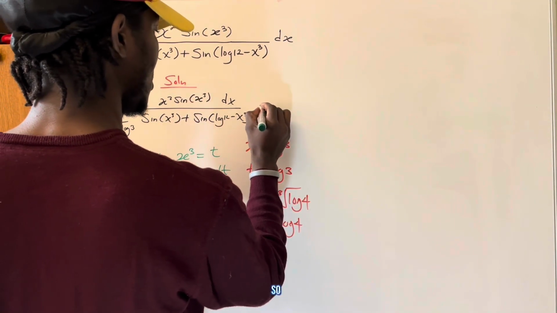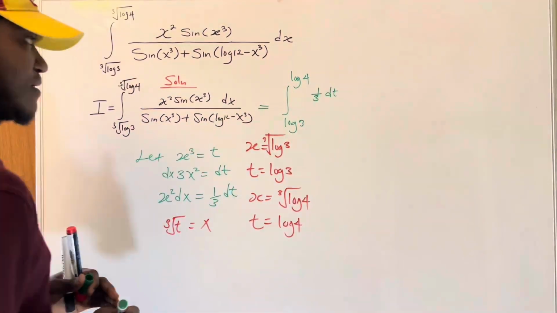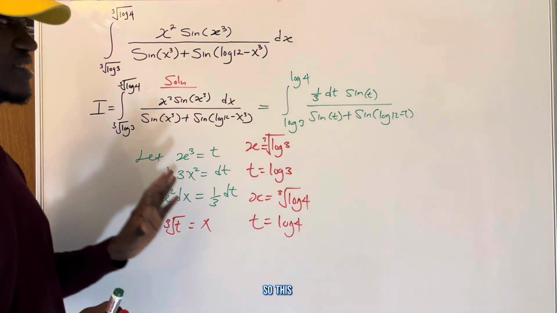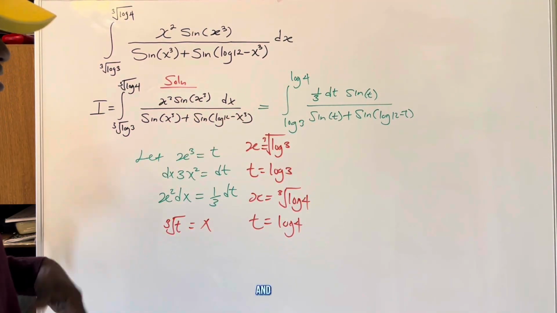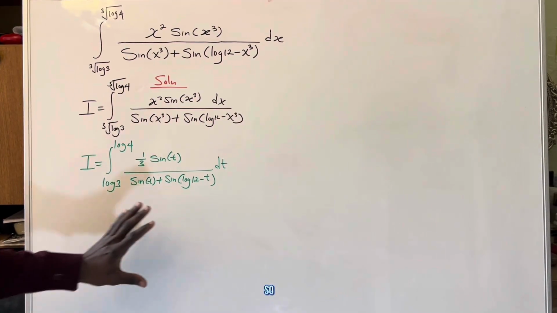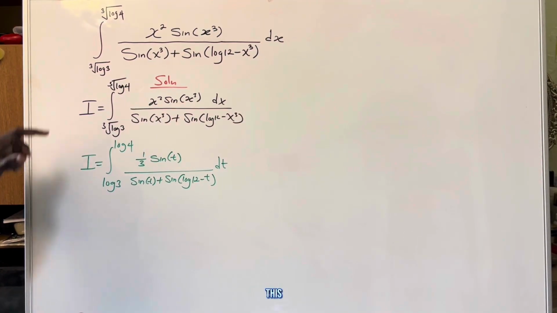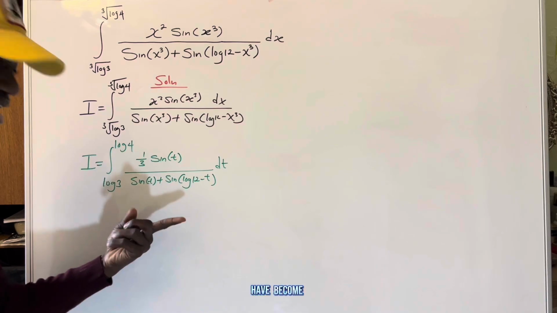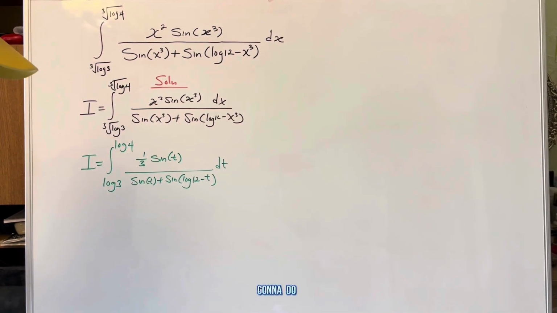So r will still be equal to the new integral. Let me get rid of this and reread the question, and we can continue. So this is our question, guys. I have rewritten our question. Now this is r that we simplified, we made a substitution, and it has become this integral, which is also r. So what are we going to do next, guys?